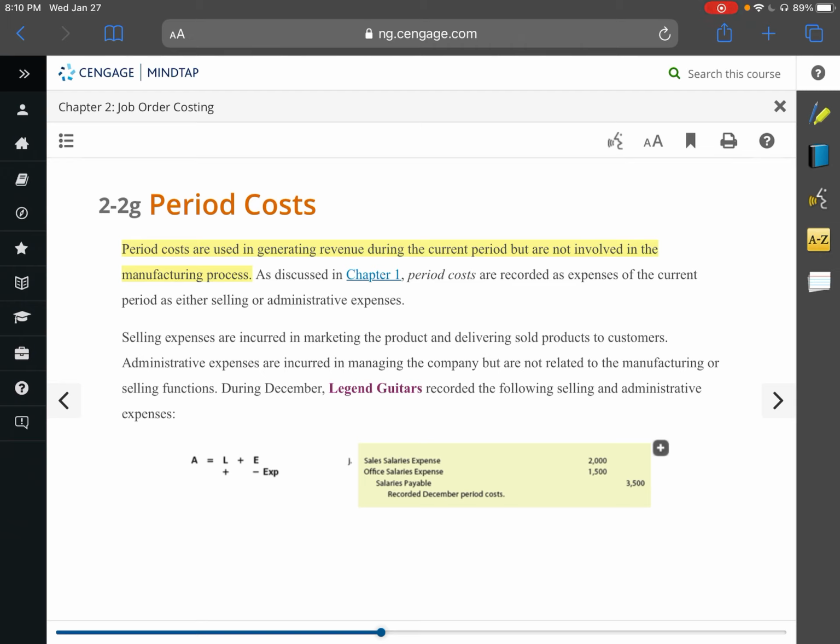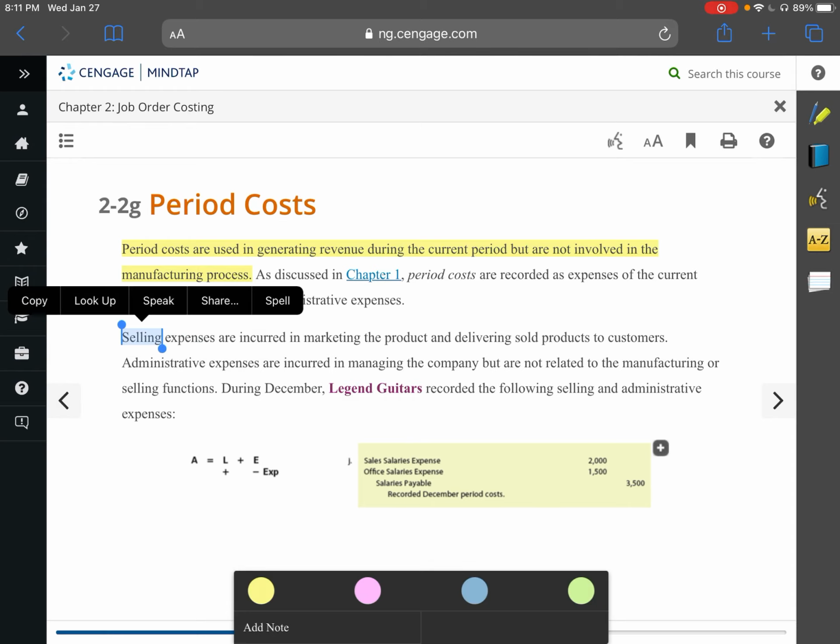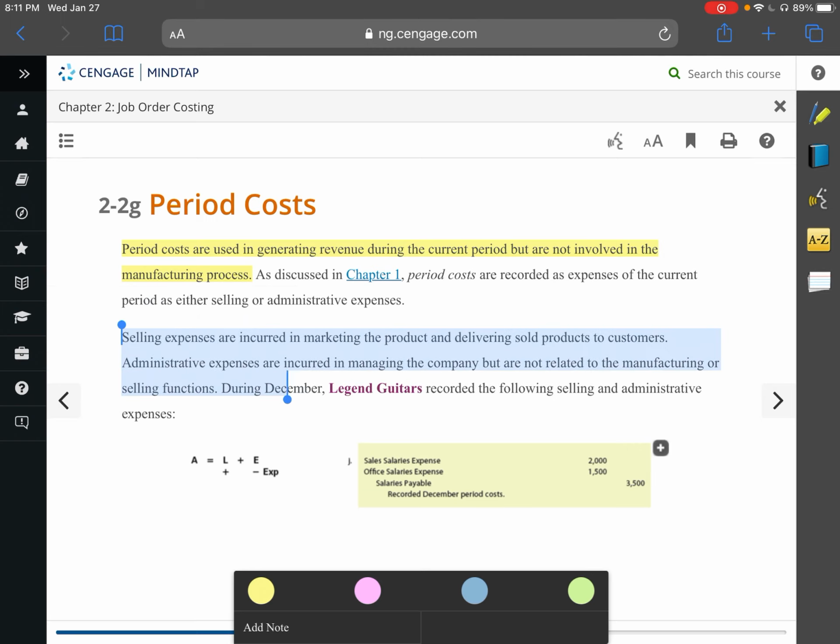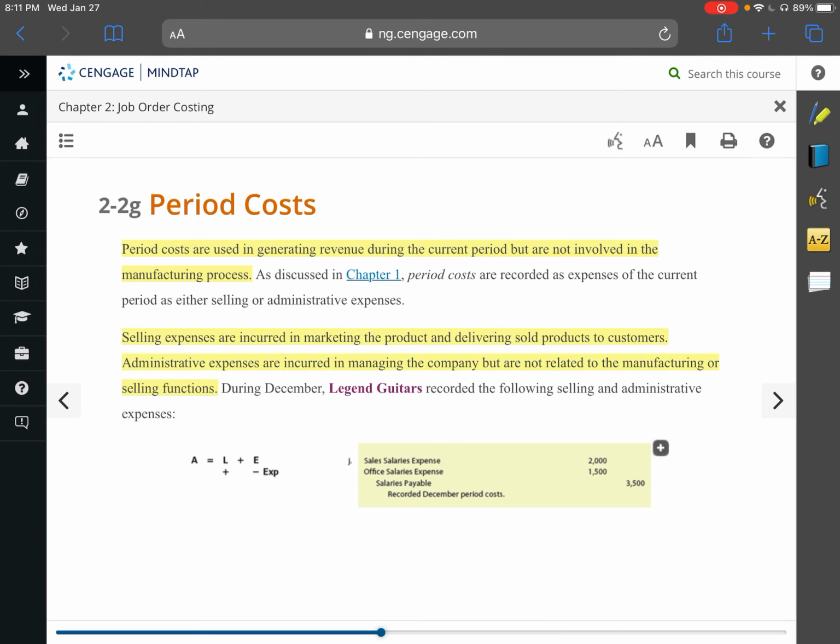So as discussed in Chapter 1, period costs are recorded as expenses of the current period as either selling or administrative expenses. Selling expenses are incurred in marketing the product and delivering sold products to customers, and administrative expenses are incurred in managing the company, but are not related to the manufacturing or the selling functions.